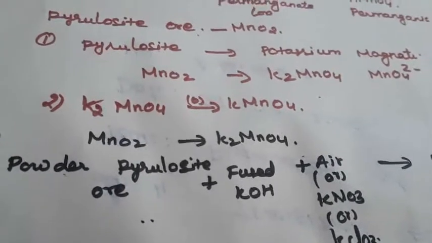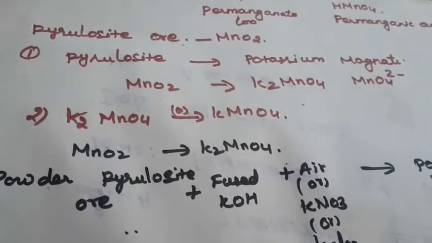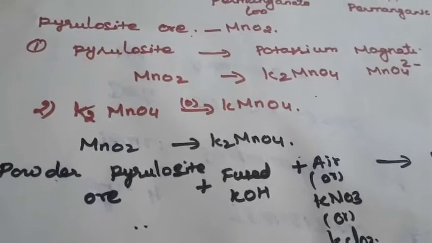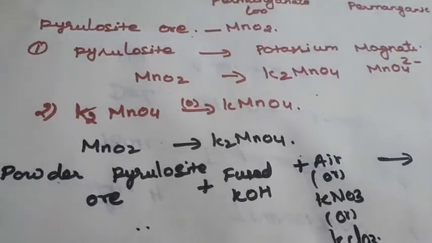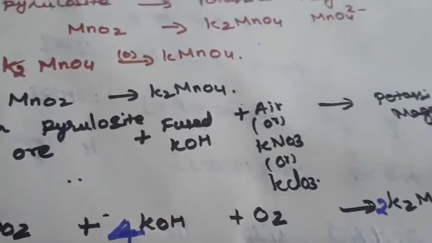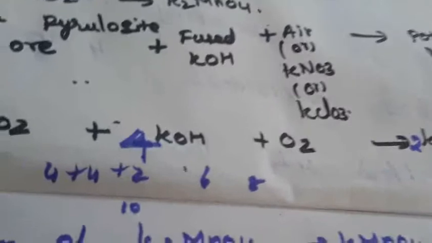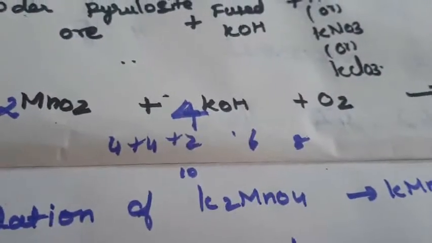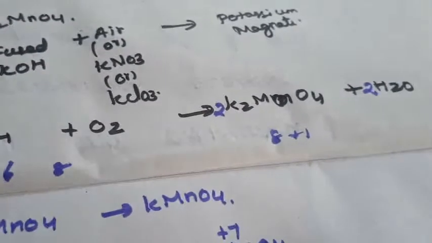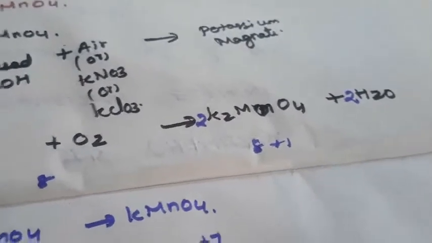In the second step, potassium manganate is oxidized to potassium permanganate. In the first step, pyrolusite ore MnO2 is fused with potassium hydroxide and reacts with oxygen of air to form K2MnO4, then water molecule.